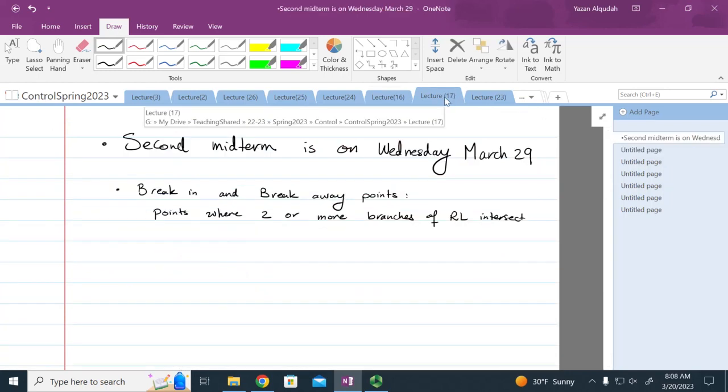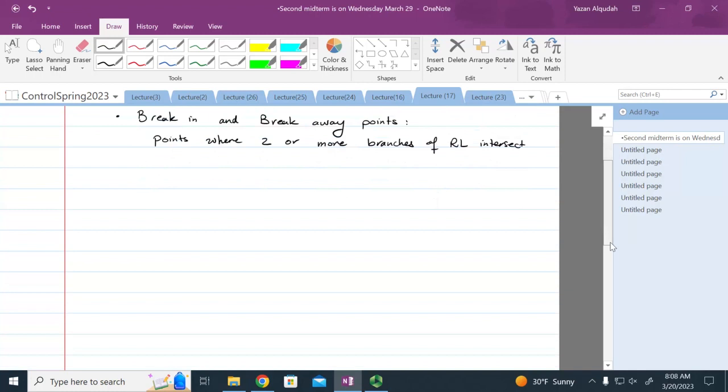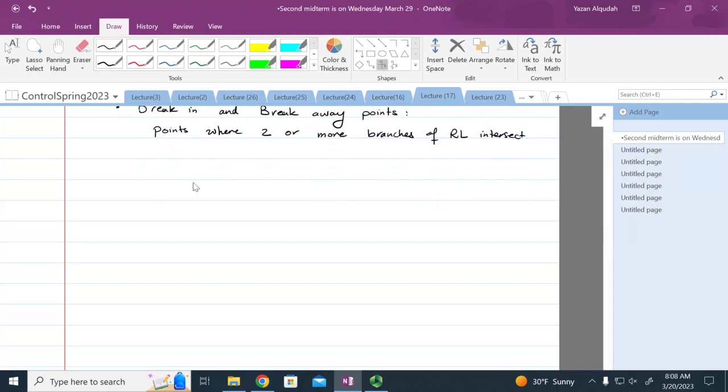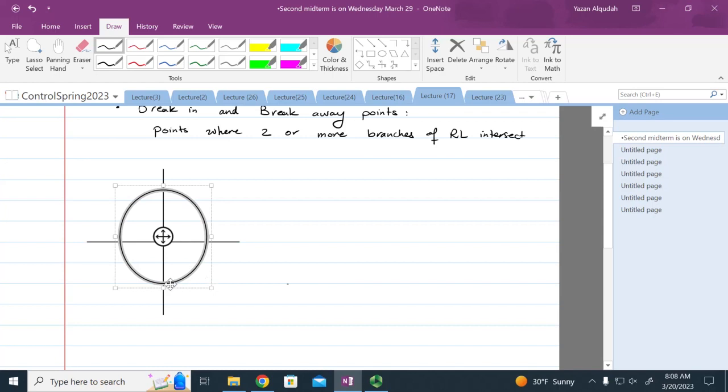Okay. So let's do another example to illustrate this intersection point. Let's say that we have a root locus that looks like this. Now we did not say why it looks like this, but for the time being, we're going to take it as how the root locus looks. So we have two zeros and two poles of this system.